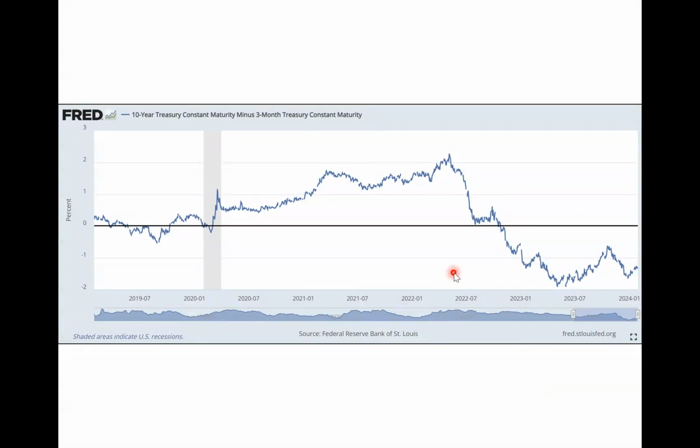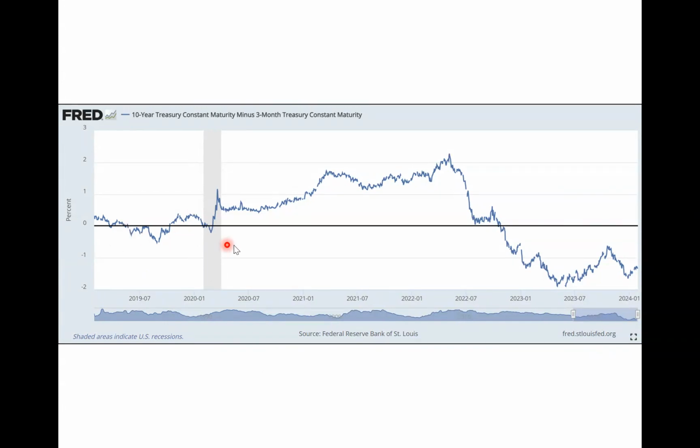And when this one, 10-year minus 3-month, inverts, and it inverted here around October 2022, typically within 18 months from its inversion, you have a recession. So we had this happen here, and with the COVID recession, it was followed by an inversion that occurred before that.